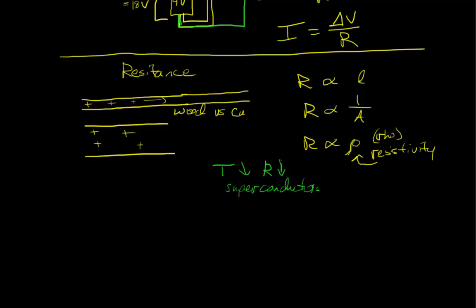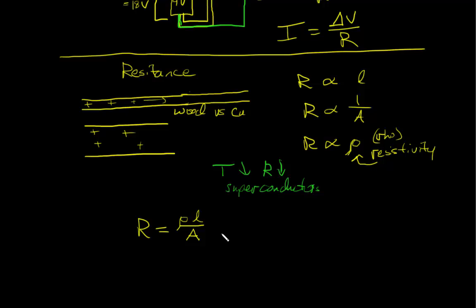What we end up with is that the resistance equals the resistivity times the length of the wire divided by the cross-sectional area. That's how we would determine the resistance. And then we could use that to determine the current if I know the potential difference.